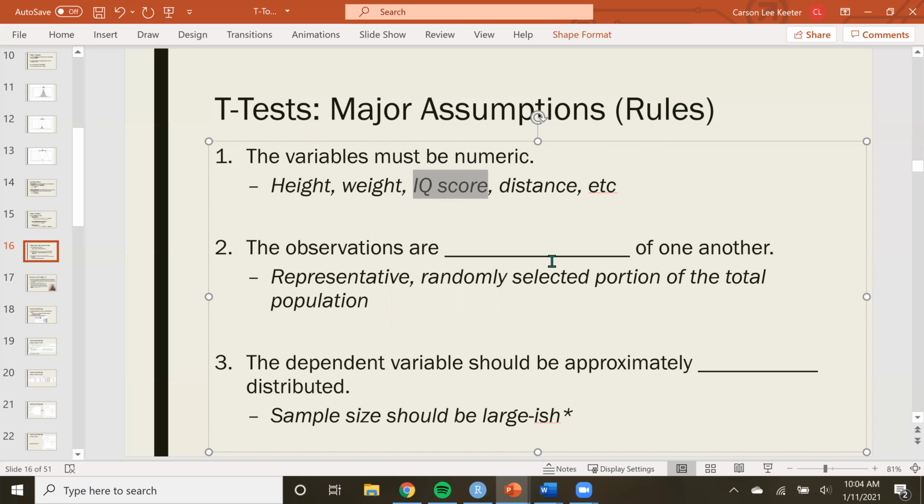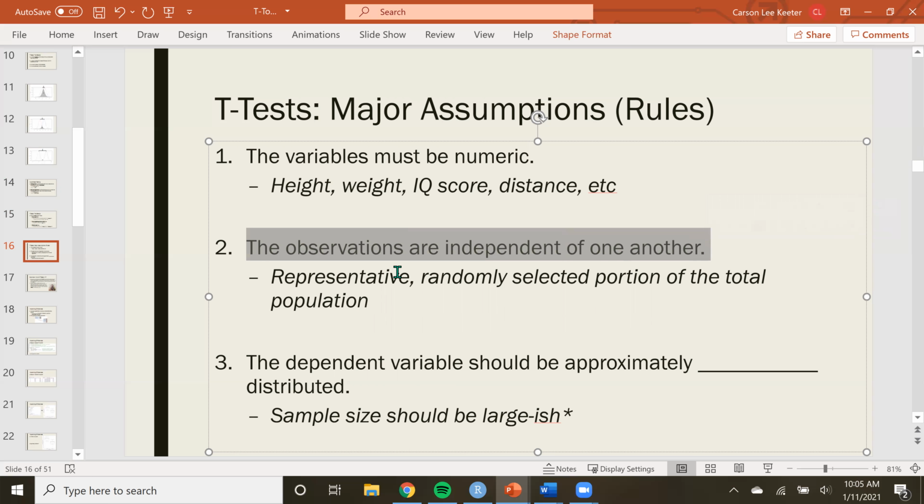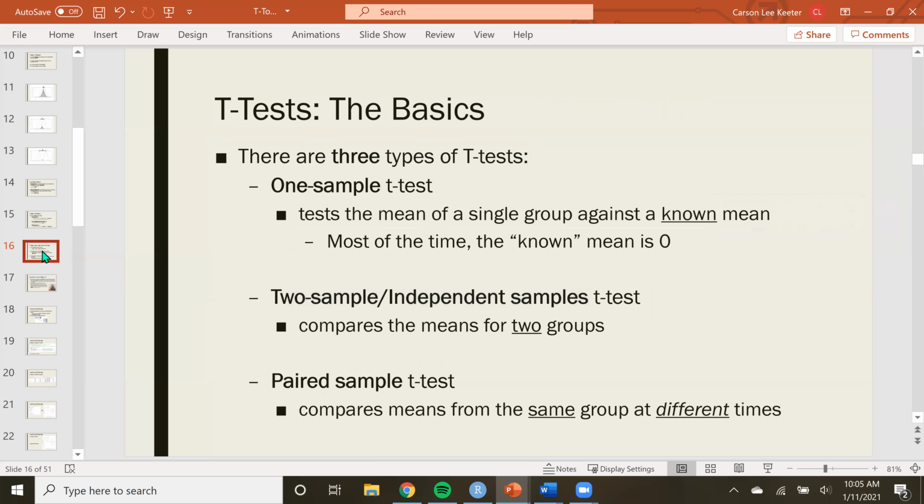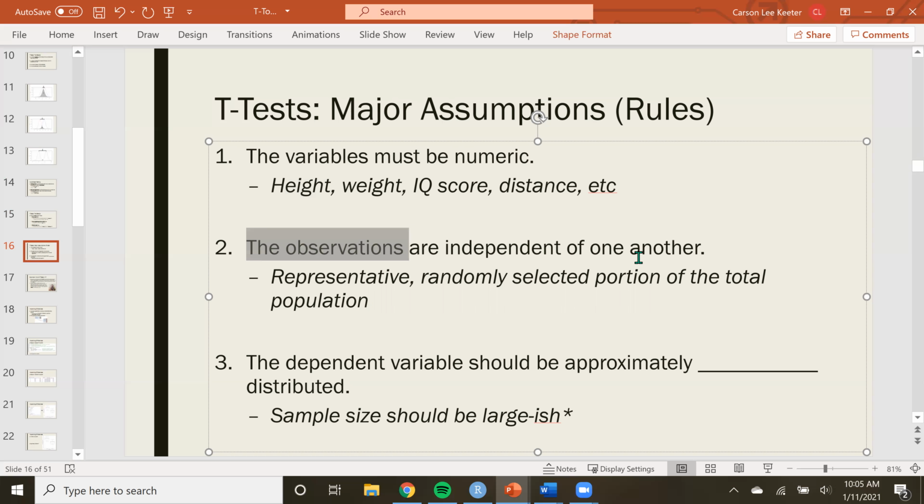The next thing is that observations are independent of one another. Okay, so this is pretty much always assumed. It's representative. That means that you have two samples if you're doing an independent samples t-test, then this is something you need to make sure that you got.